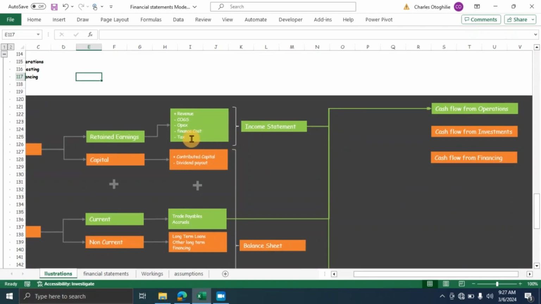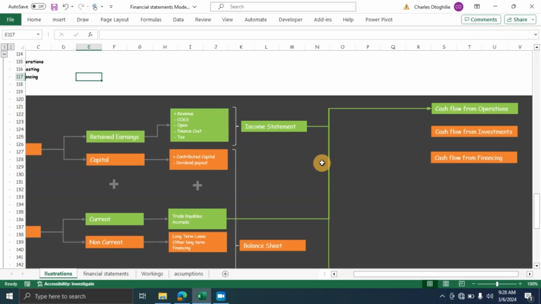Part of it comes from your income statement, and that is why, when you are producing your cash flow from operations, most of the time it's going to start from your net profit for the period, and then you cascade it down to look at other things. But for now, I just want you to know that your net profit from your income statement is almost the first thing that you would bring in to get your cash flow from operations.